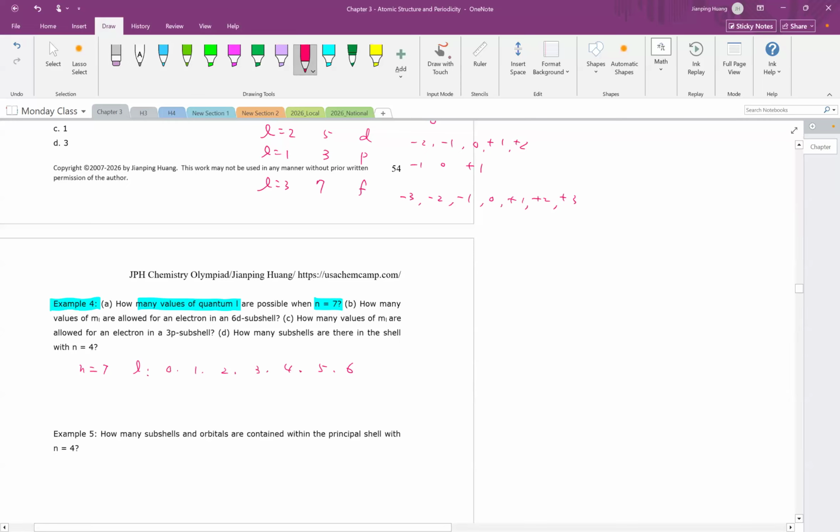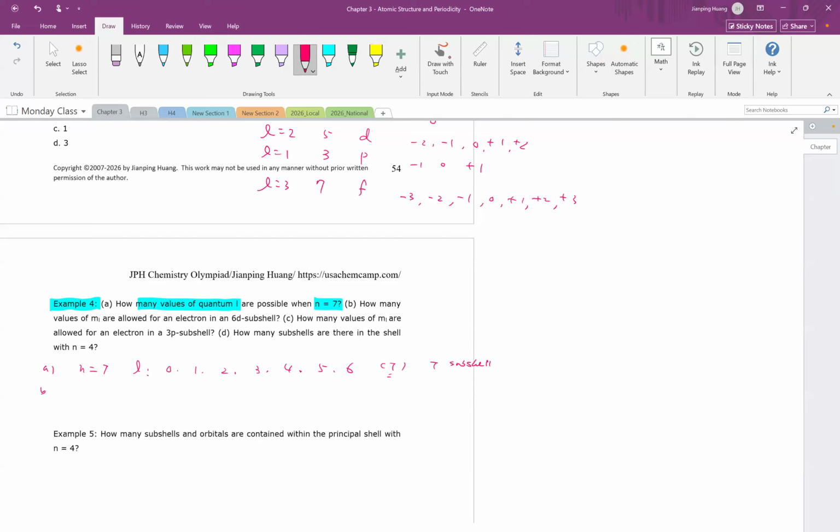Should it be 7 values? So in other words, n equals 7, we have 7 subshells. L is a subshell, okay? So that's A.